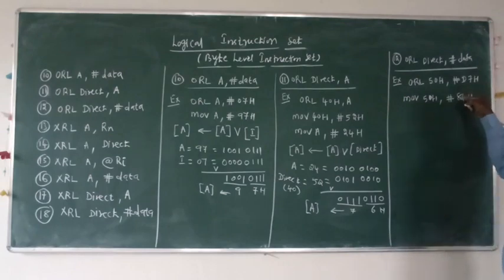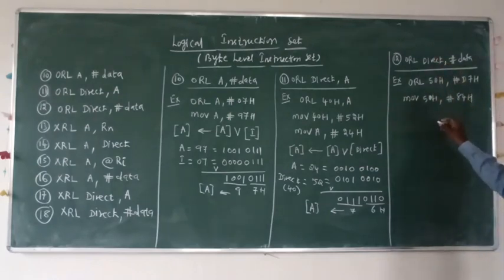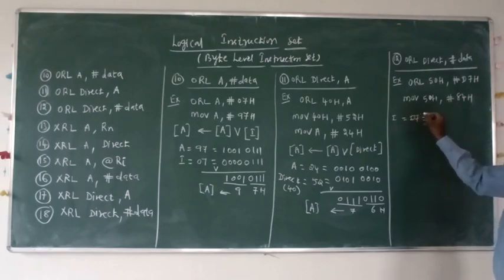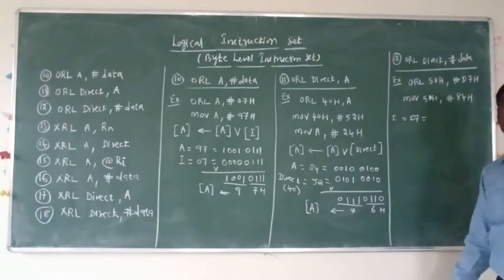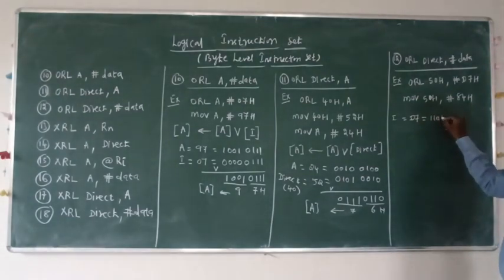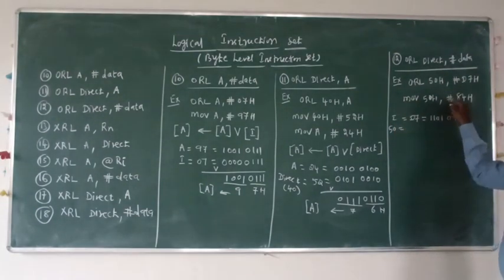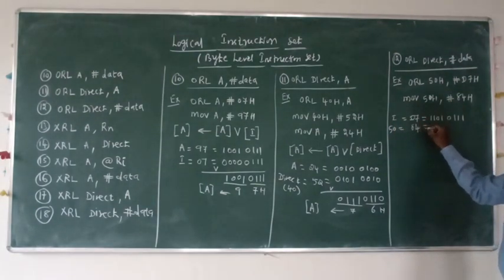Now logically OR these two data and the result moves to the memory location. This is for D7, the immediately given data. D means 13 in decimal, 1101, 7 is 0111, and the 50 memory address location data is 84.